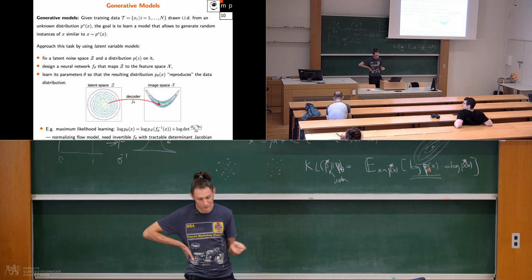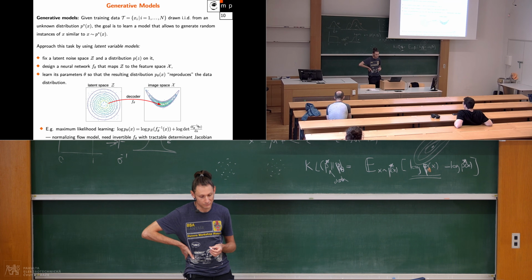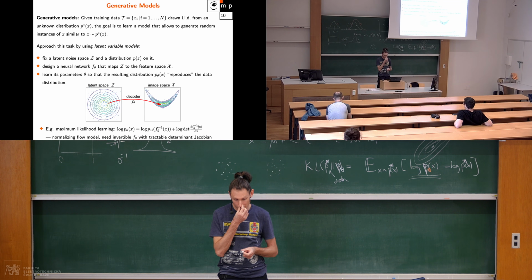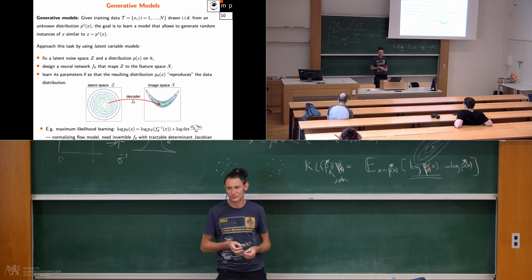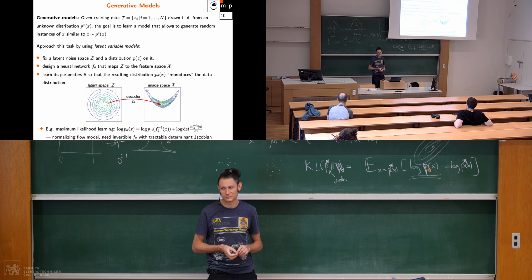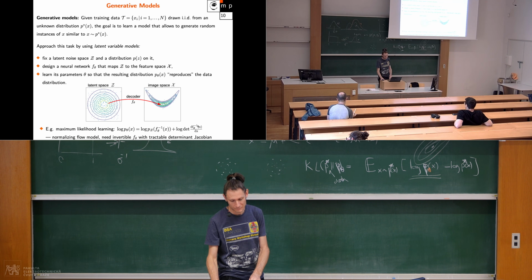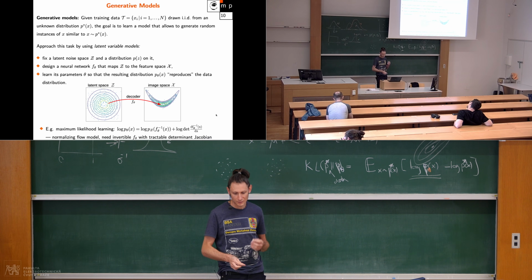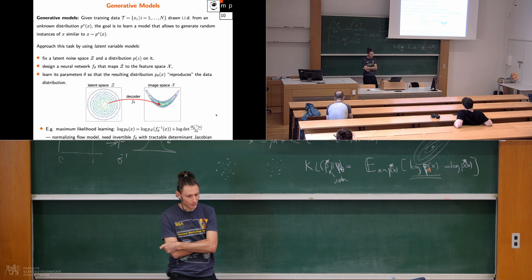This gives you a variant of generative models called normalizing flow models, or non-volume preserving flow models. So that would be one approach, these normalizing flow models.